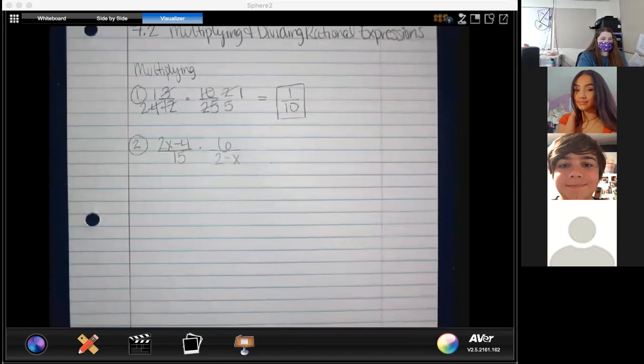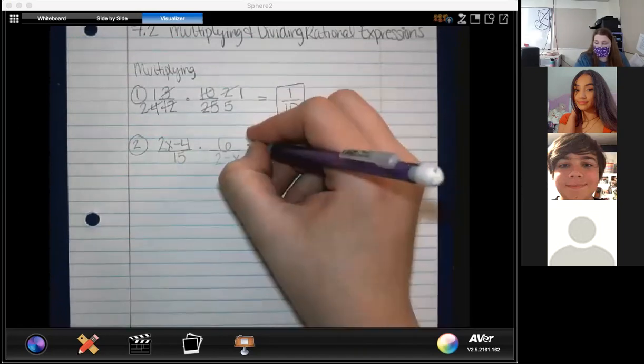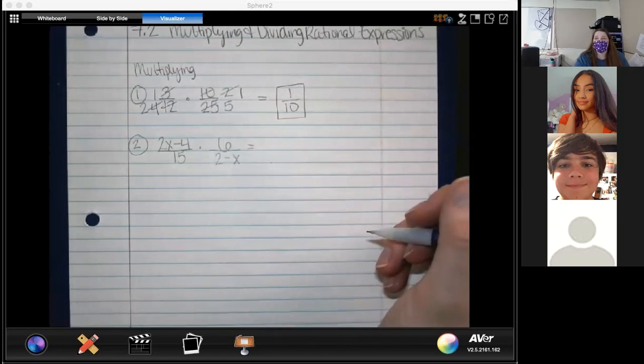In this example, we're going to ease our way into it. We have some numbers and some expressions. So let's look at the first one, 2x minus 4. What can I do to simplify that expression?